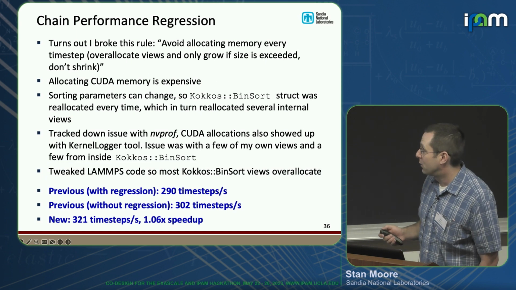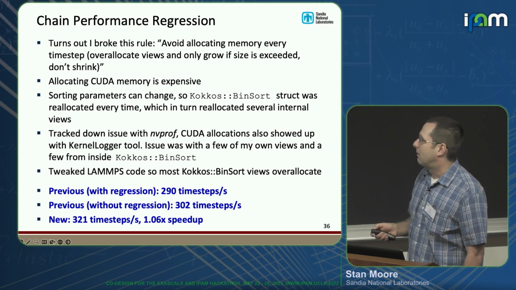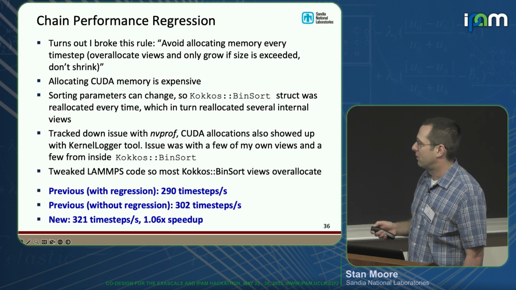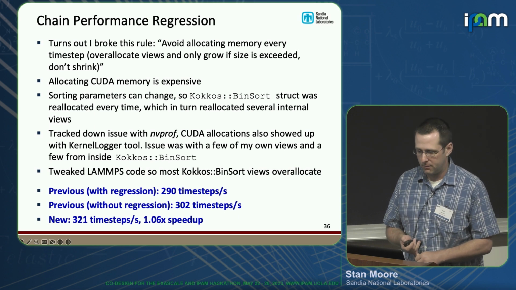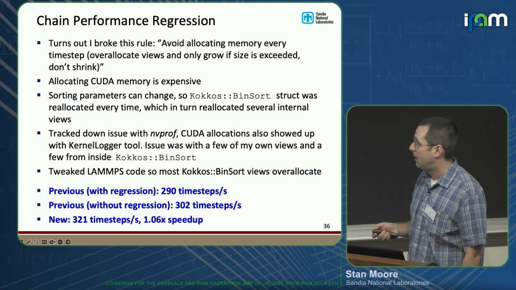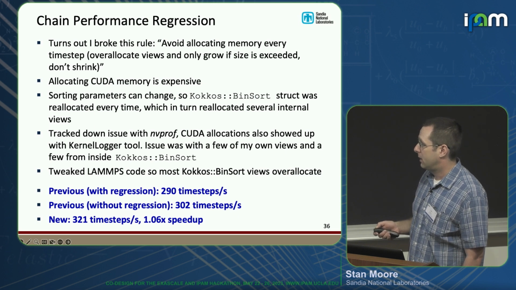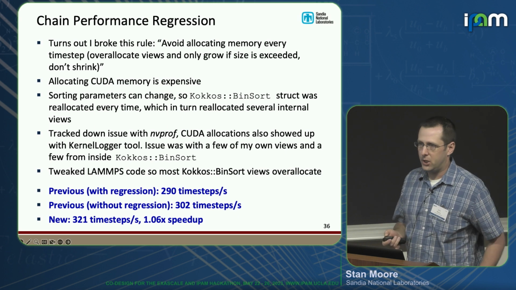Turns out that I broke my own rule: avoid allocating memory every time step, over-allocate views, and only grow if the sizes are exceeded, don't shrink. Allocating CUDA memory is expensive, and you need to avoid this if possible. The source was that when sorting to build this atom map, the parameters could change.